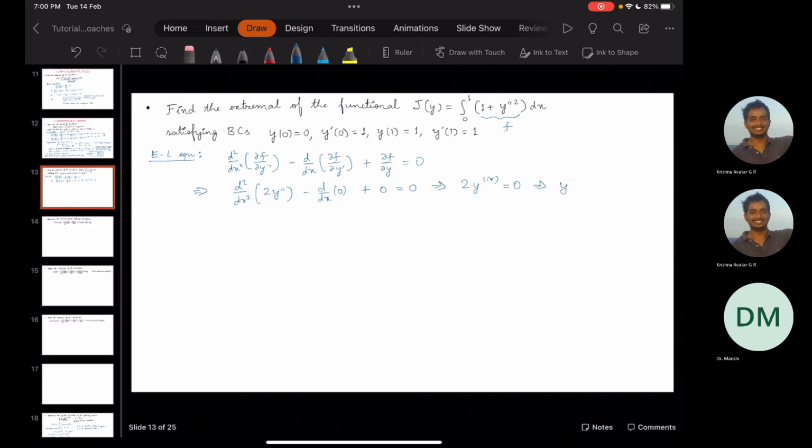Factor out 2. Fine. So to obtain the general expression for y, we need to integrate it 4 times, isn't it? So we'll first integrate y fourth derivative with respect to x 4 times.